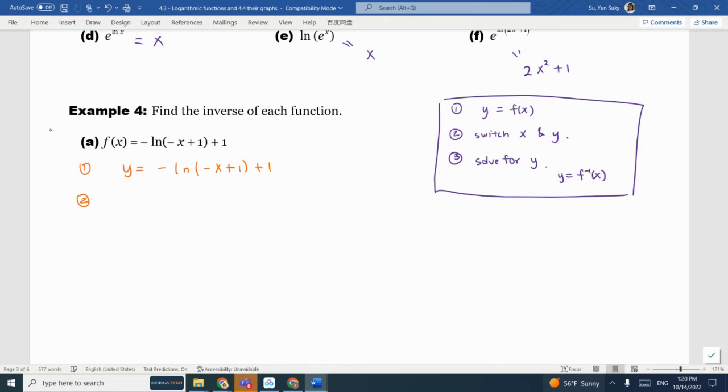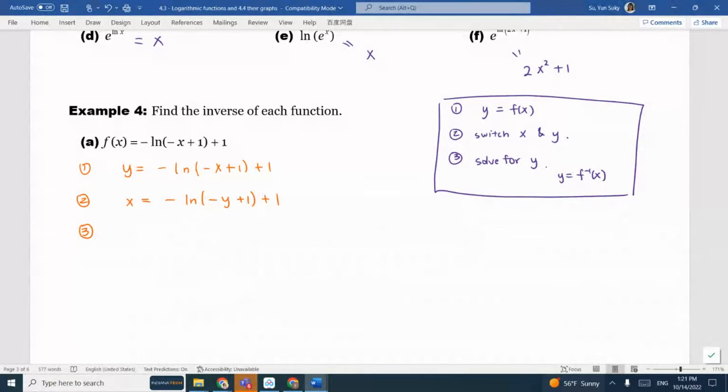Alright, so that first step set y equals the function. Step 2, switch the x and y. So you call it x now, and here you call it y. Is that okay, everybody? We switched the x and y. And then we want to solve for y.